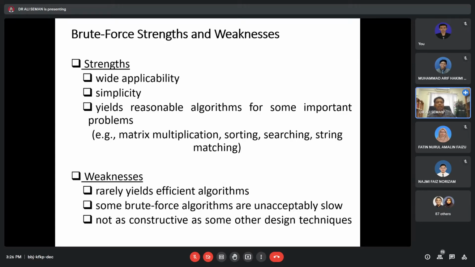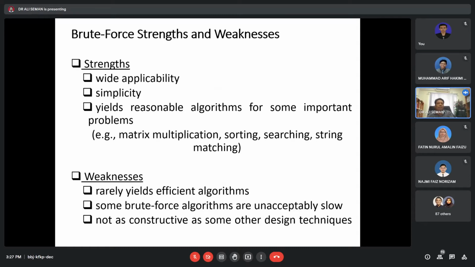The third strength is that it yields a reasonable algorithm for some important problems, for example matrix multiplication, sorting, searching, string matching. We can get the solutions exactly without any extra process or extra strategy.